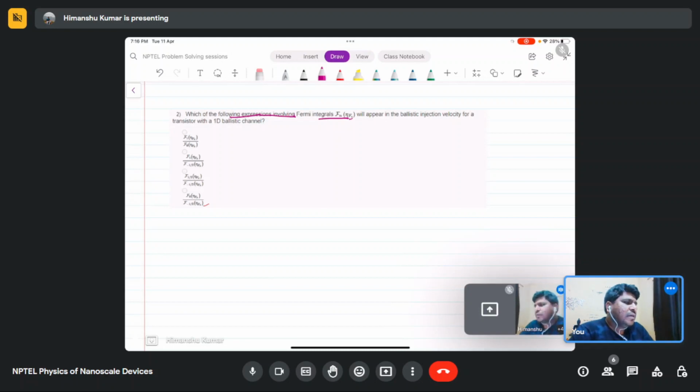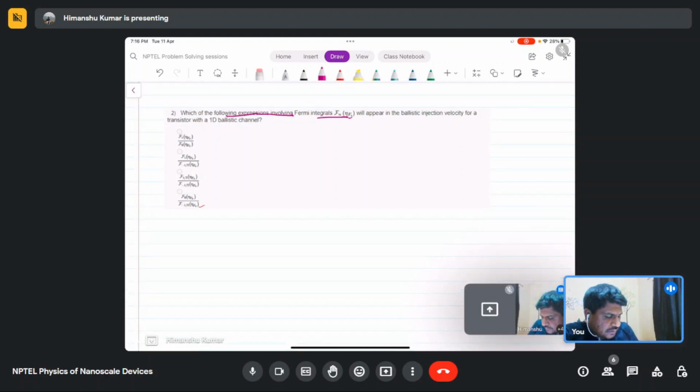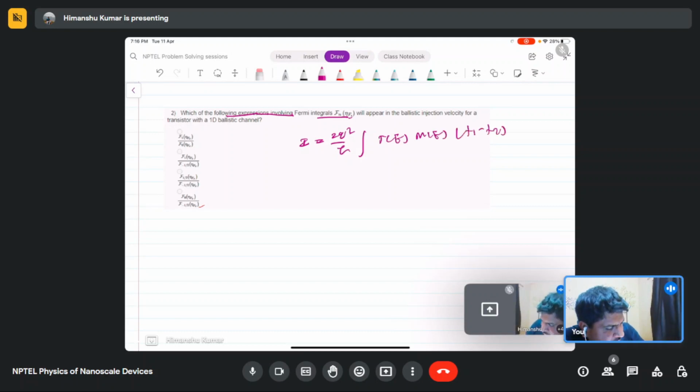In the class it was discussed that to get an idea of transport or current, you need to integrate 2q square by h, integral of T(E) M(E) and f1 minus f2 dE.